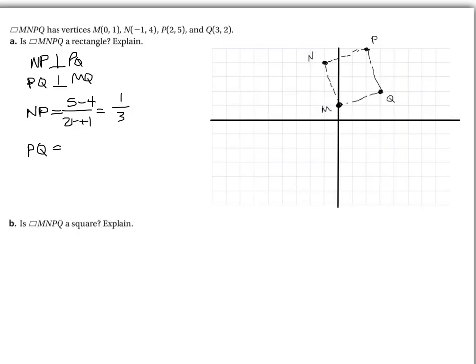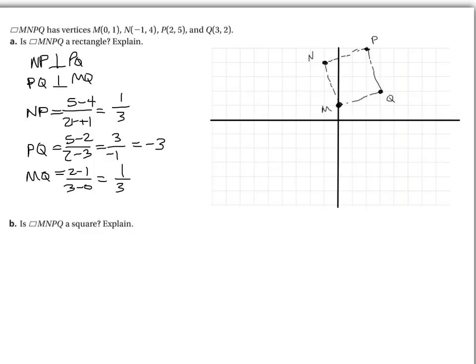So, PQ, I'm going to take 5 minus 2 over 2 minus 3. 5 minus 2 is 3. 2 minus 3 is -1, so really this is -3. And then I'm going to look at MQ. MQ, the slope, 2 minus 1 over 3 minus 0, which is going to be 1/3.